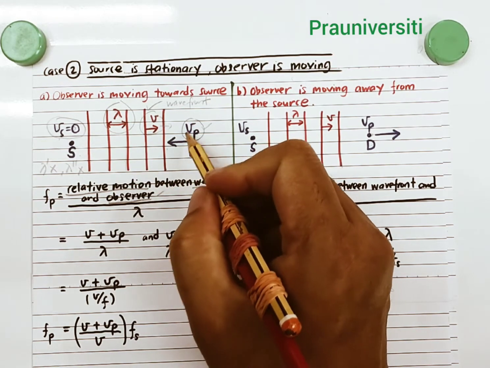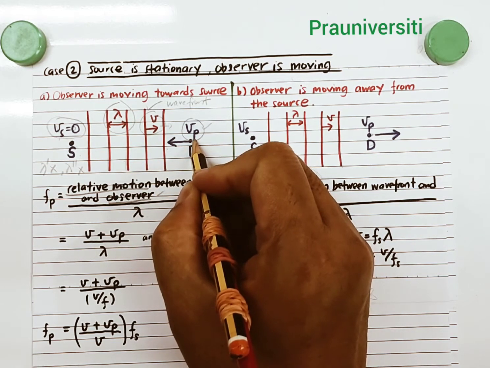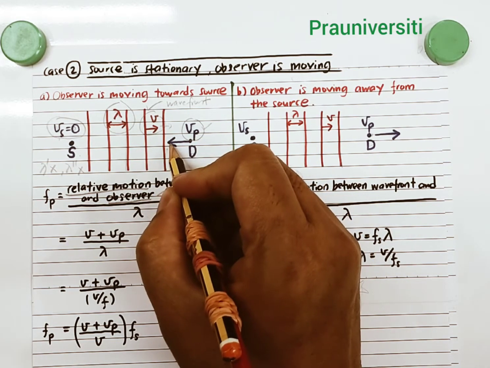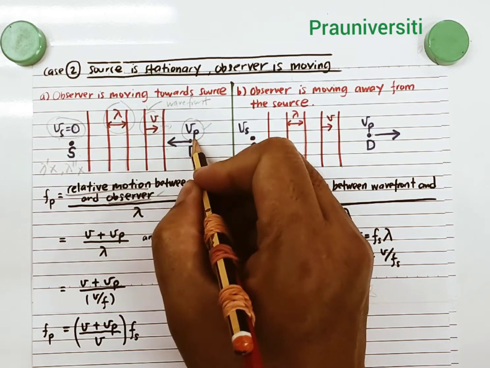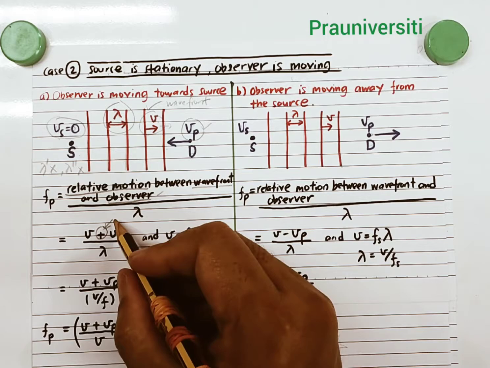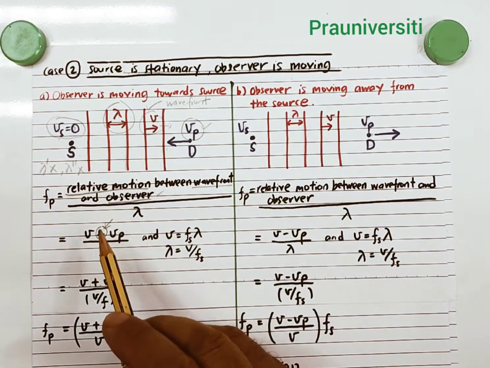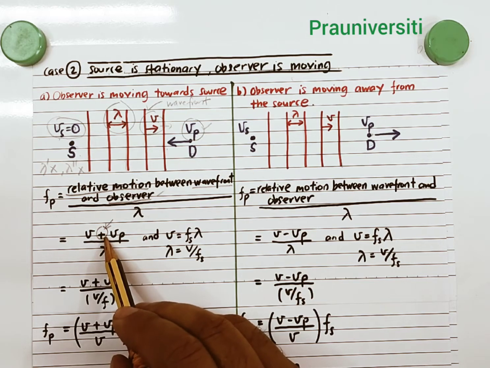The speed of sound is here, and the speed Vp is here. So they are moving toward each other, V and Vp. So we have to declare it as positive, because they are moving toward each other.